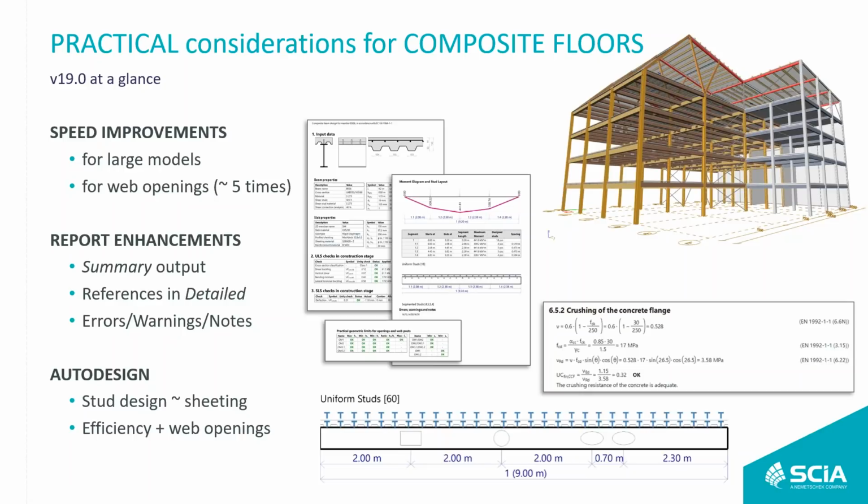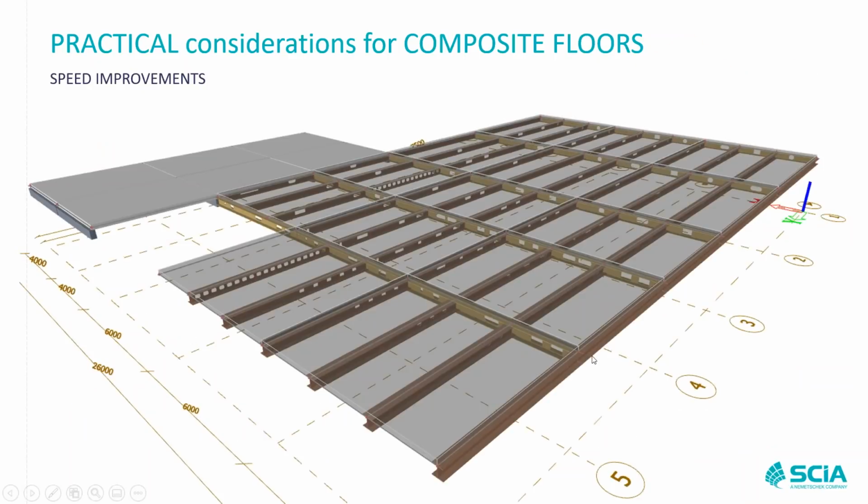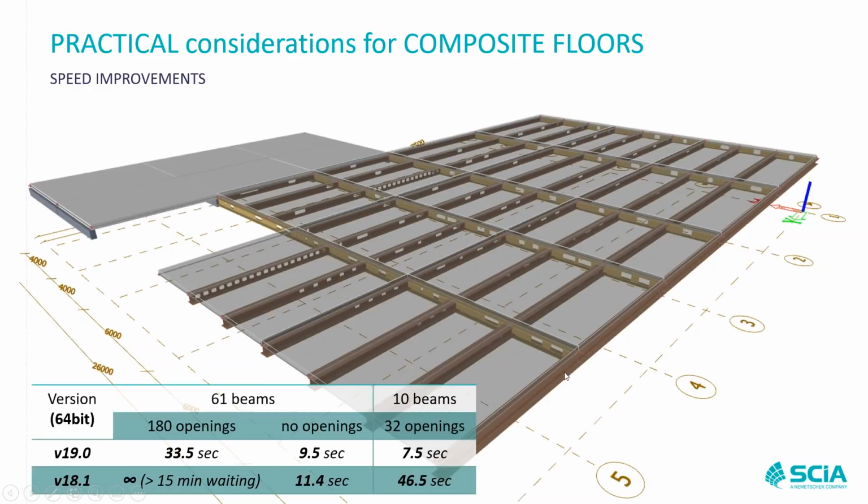Just to show you a comparison of the speed, so this model that was used for testing during the development, in version 18.1, it was not possible on my computer to run this at once for all beams. After 15 minutes, still there was no result, and I think that it was not going to eventually give any results due to running out of memory.